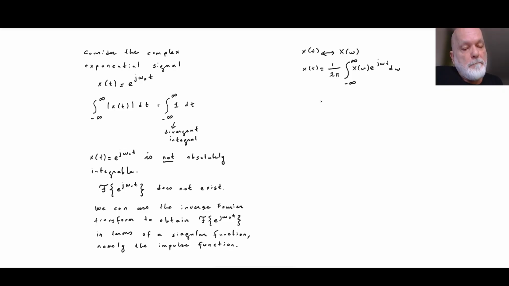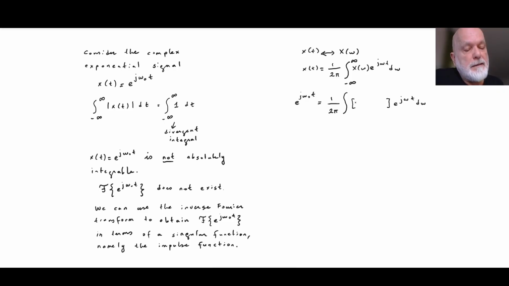So, let us see how we obtain e to j omega 0 t from X of omega. Here we are going to write down the expression of X of omega multiplied by e to j omega t, and we are going to integrate with respect to omega, and we will obtain e to j omega 0 t.